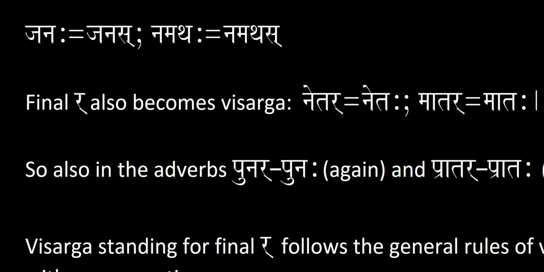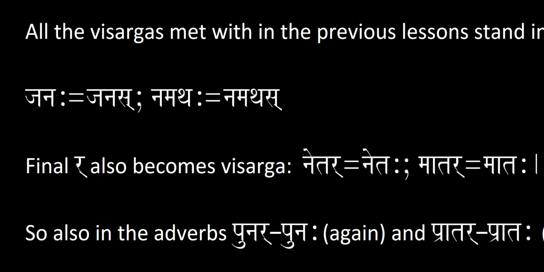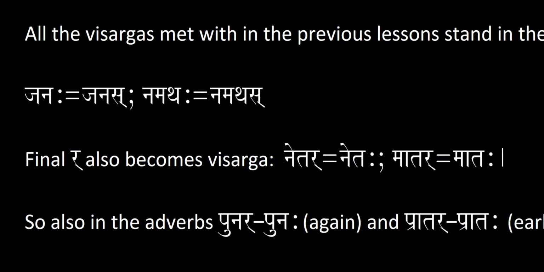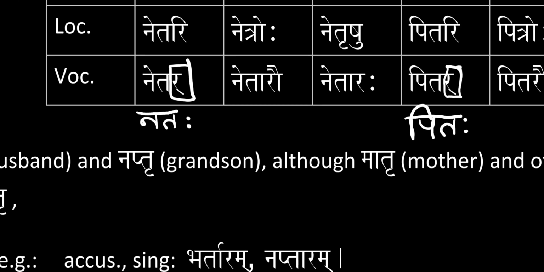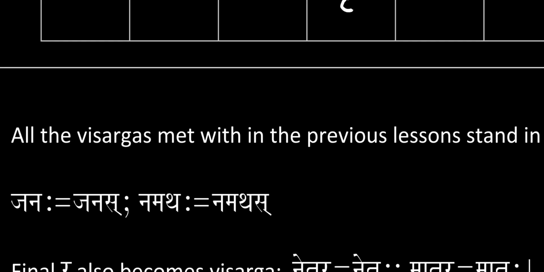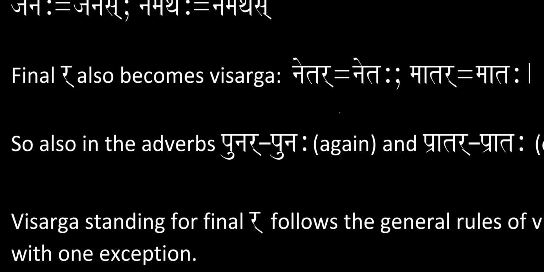But now let's focus on the final ra becoming a visarg. So final ra also becomes visarg. Netar, for example, that was the vocative example that I gave you. Netar turns into netaha.